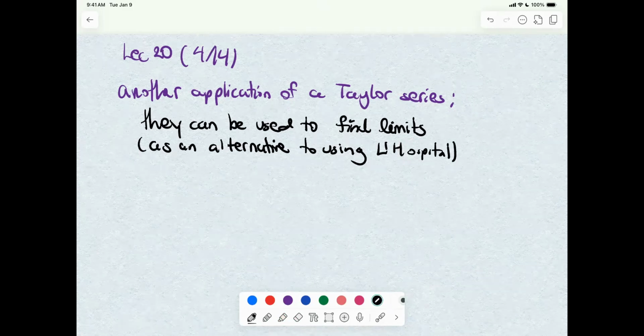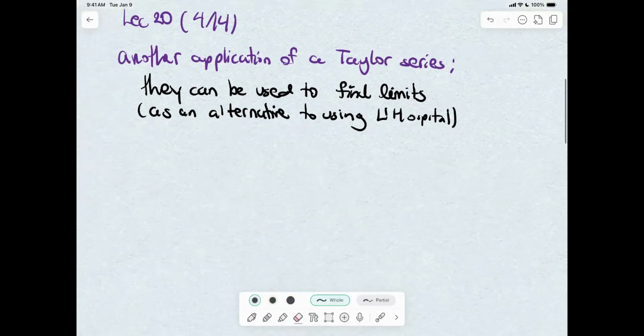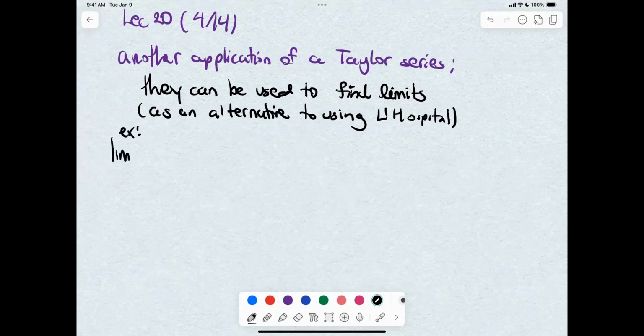This is a limit from Calc 1. It's one of the first limits involving trigonometric functions that you study: the limit of cosine of x minus 1 over x squared.